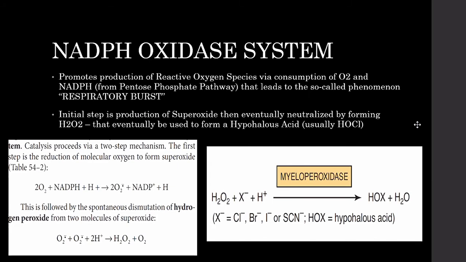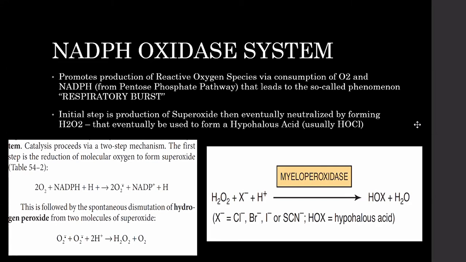The second step is the neutralization of your superoxide. Okay? The superoxide will bind to your hydrogen ions to produce hydrogen peroxide. This is the final product of your NADPH oxidase system, your hydrogen peroxide.